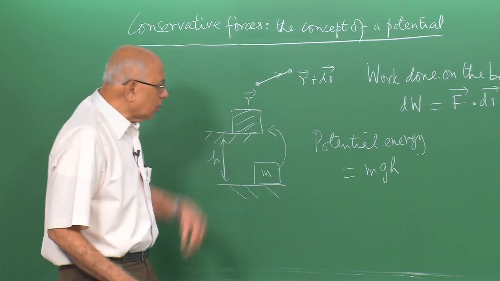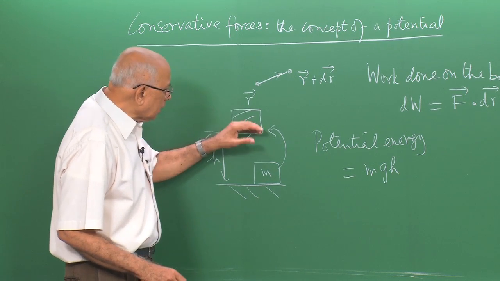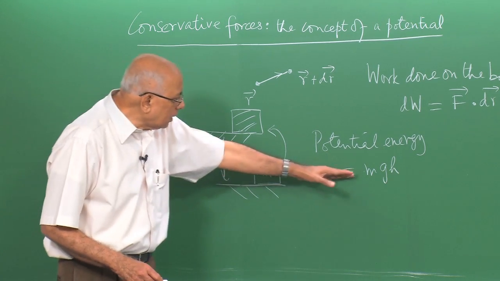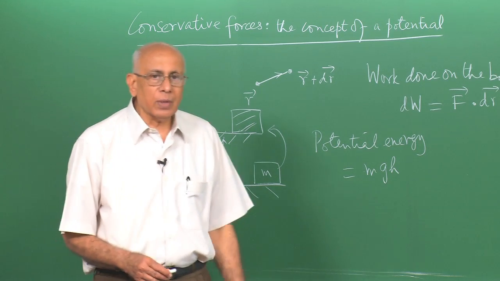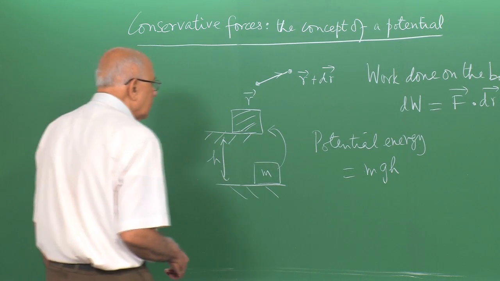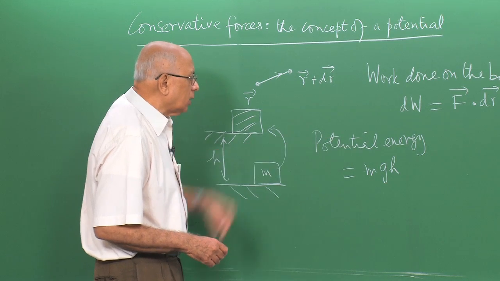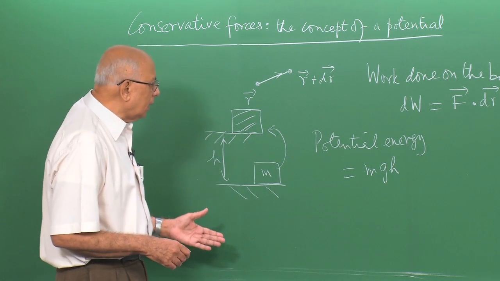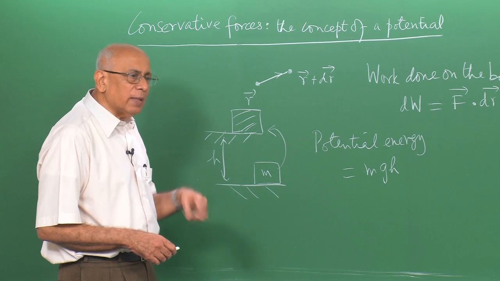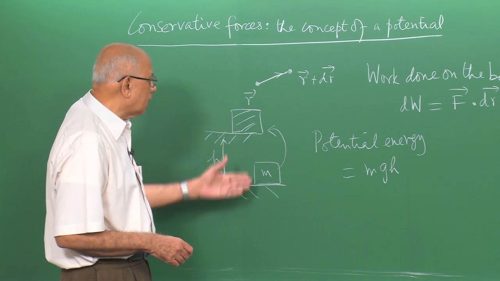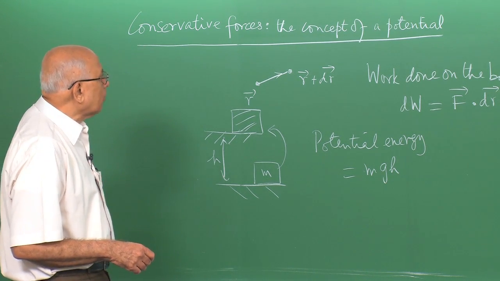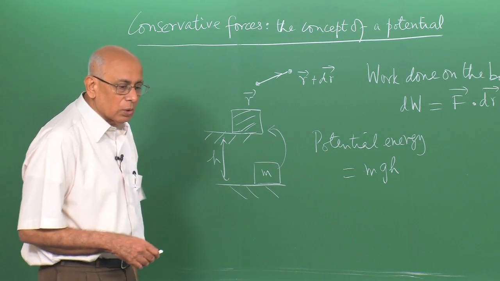And the reason for the word potential is that if I were to drop this object, when it attains the ground level this amount of energy gets converted into kinetic energy, and this object hits the ground with a certain impact. So that's the reason for this word potential energy, but already you can see that the idea that an object can store energy in a form other than its kinetic energy is implicit in this very, very simple example.